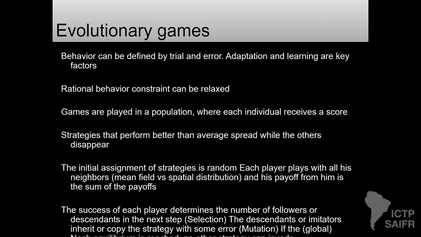So the idea is that behaviors can be defined by trial and error. Adaptation and learning are key factors. Rational behavior constraints can be relaxed. Games are played in a population where each individual receives a score. The idea is that strategies that perform better spread, while the others disappear.